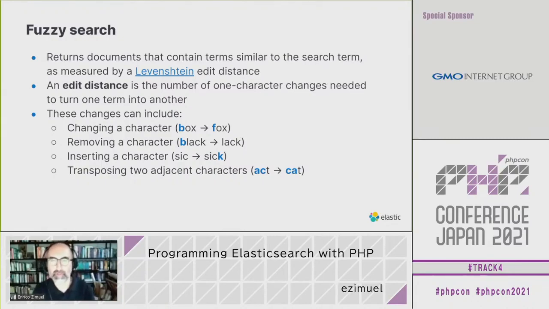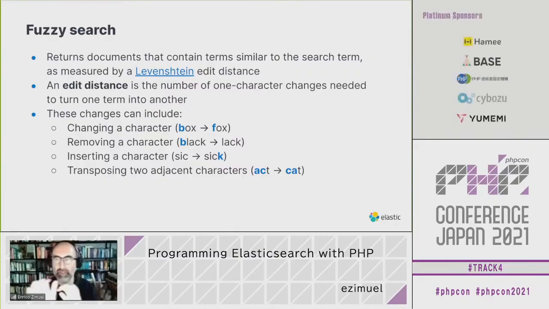Why do I mention this? Because when you provide a search, imagine that you have a website, an e-commerce application, people sometimes misspell the name of the product or don't remember the name. This is also a very common feature in Google, where you write something, even if you don't write it perfectly, Google is able to give you the information back.